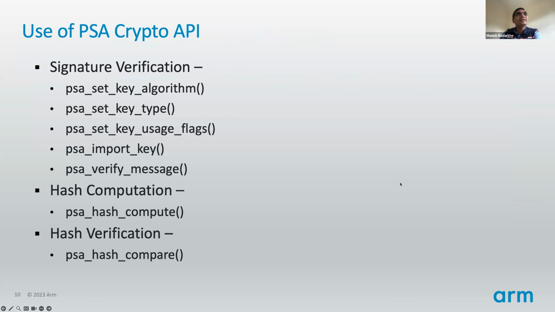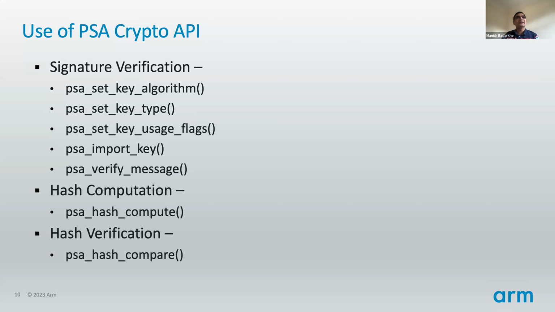So during the signature verification, what are the different calls that come across? These are the calls, like PSA set key algorithm. We have to set the algorithm with which we need to do the verification. So the caller has to call this API and give the proper argument to set the algorithm.